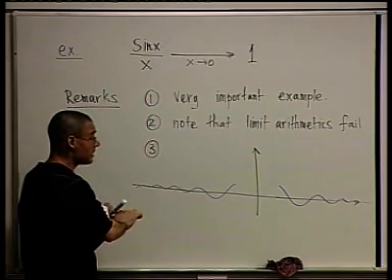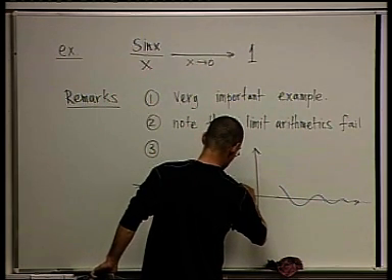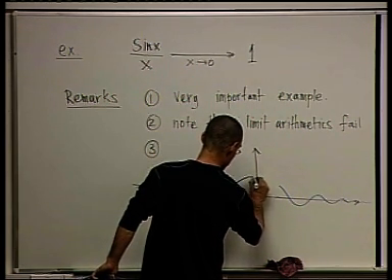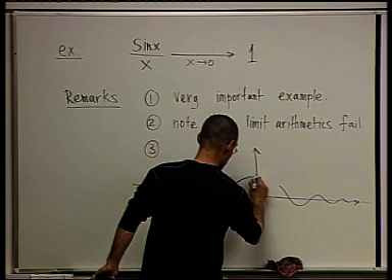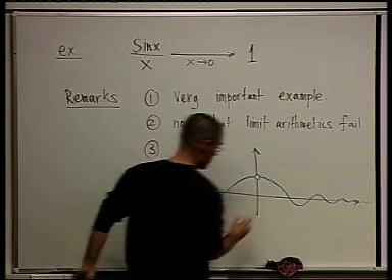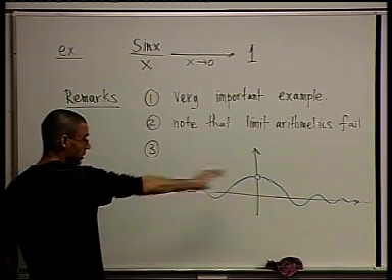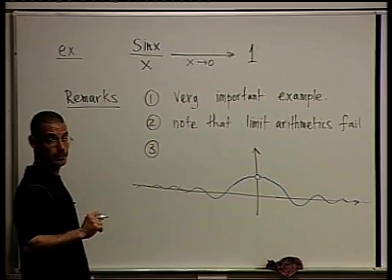And then this statement that we're going to prove is going to show that as you go towards 0, it's going to have a limit, and that limit is 1. I'm going to draw an excessively big hole here just to indicate that at 0 itself it's not defined. Okay? So this is what the function looks like.